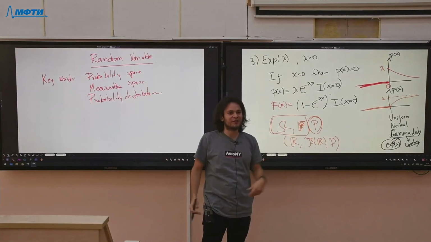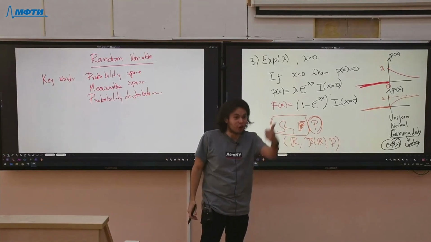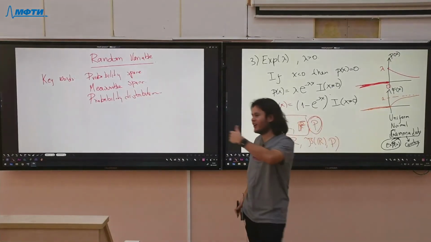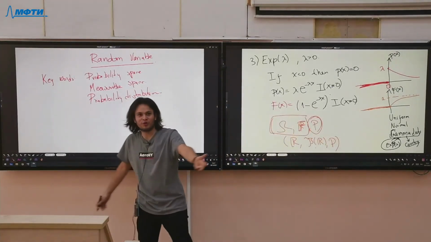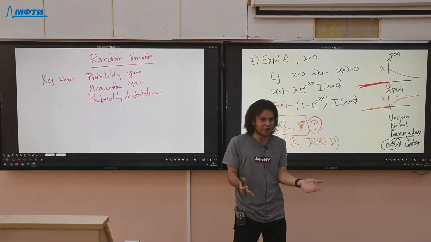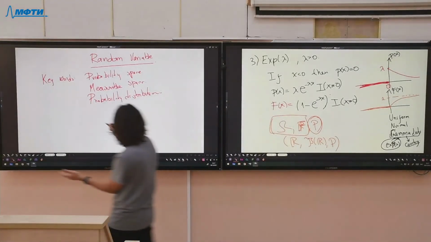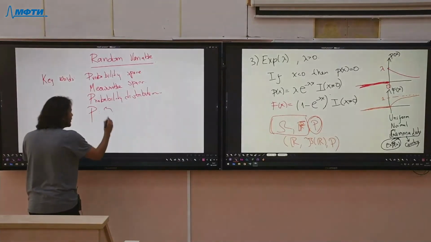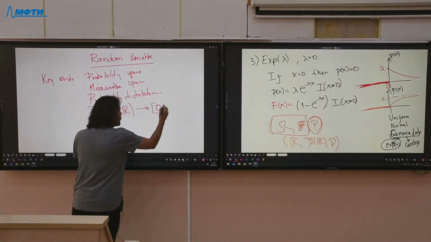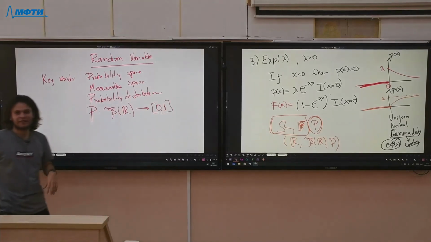The normal distribution, the Poisson distribution, the binomial distribution: all of these are functions from the Borel sigma algebra to [0,1].